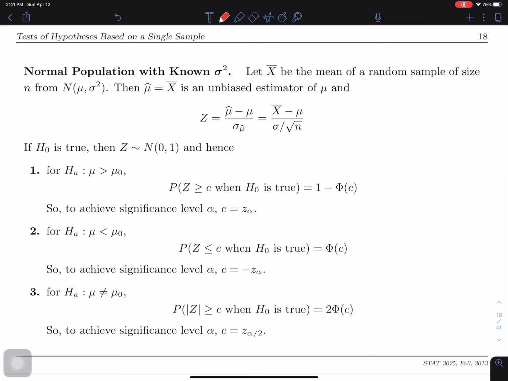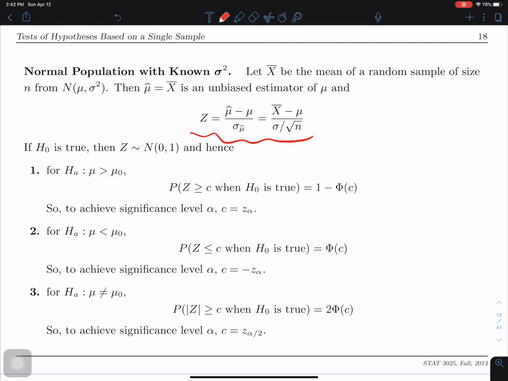For example, now we have a normal population with known sigma squared, and let x bar be the mean of a random sample of size n from normal(mu, sigma squared). Then mu hat equals x bar is an unbiased estimator of mu, and the corresponding z statistic is as follows.